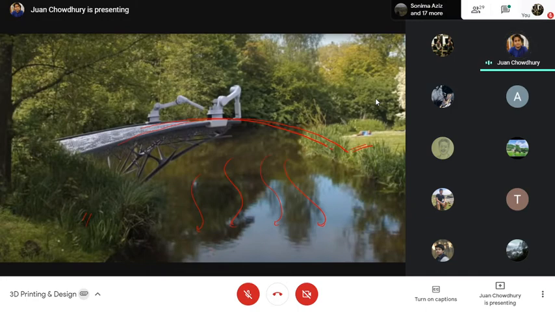Okay, and what you see here is that two robots are actually welding the bridge, or rather making the bridge, as they are sitting on top of it. Now this is really interesting, and this is done by a civil engineering company who's using robots that can weld, and the concept of welding into structures.